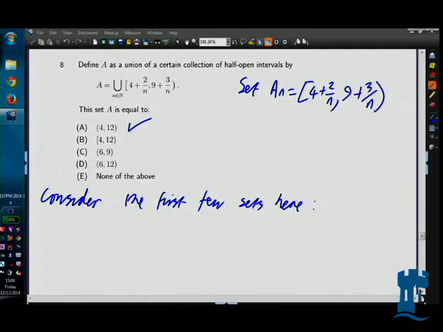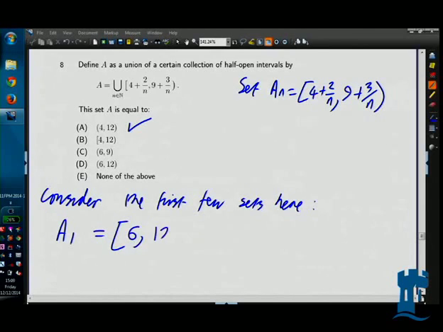So A1, that's when n equals 1. 2 over n is 2, 3 over n is 3, and you get the half-open interval from 6 up to 12 as the first of these intervals.